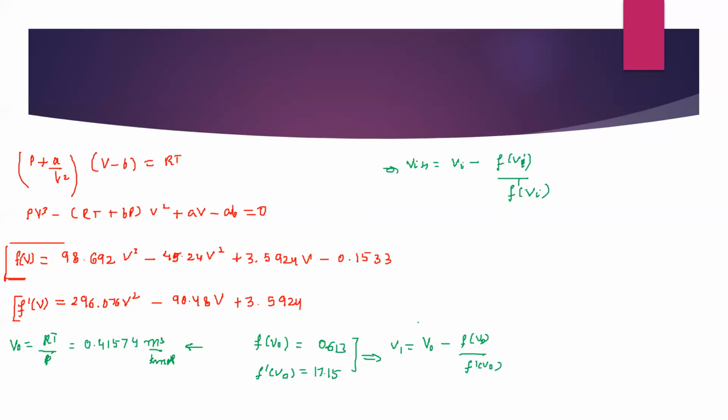So over here, i was 0, so we have got i+1 is equal to 1. When we solve this equation, we'll get V1 is equal to 0.38 meter cube per kilomole. The ideal volume was 0.415 and this is 0.38, so there's quite a difference. So we'll move on and find V2.